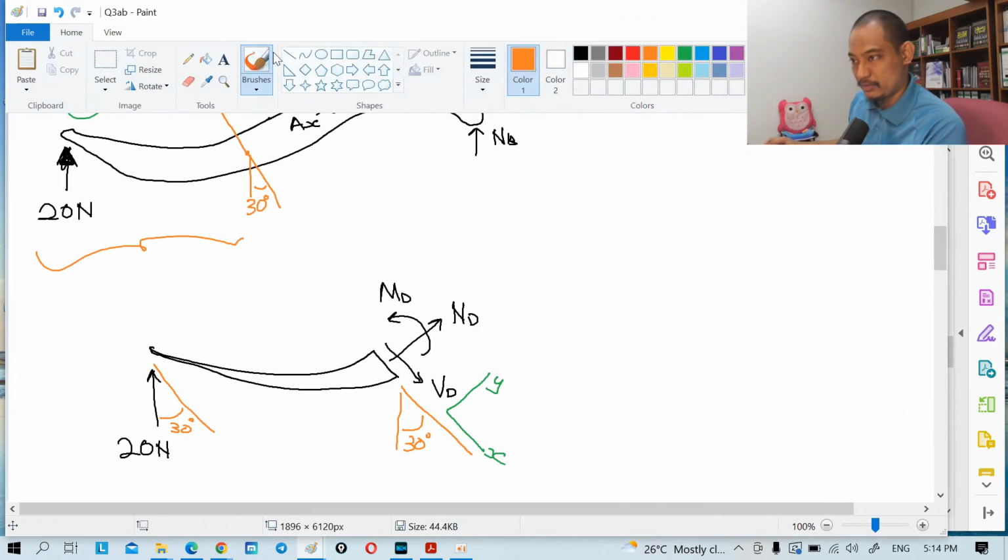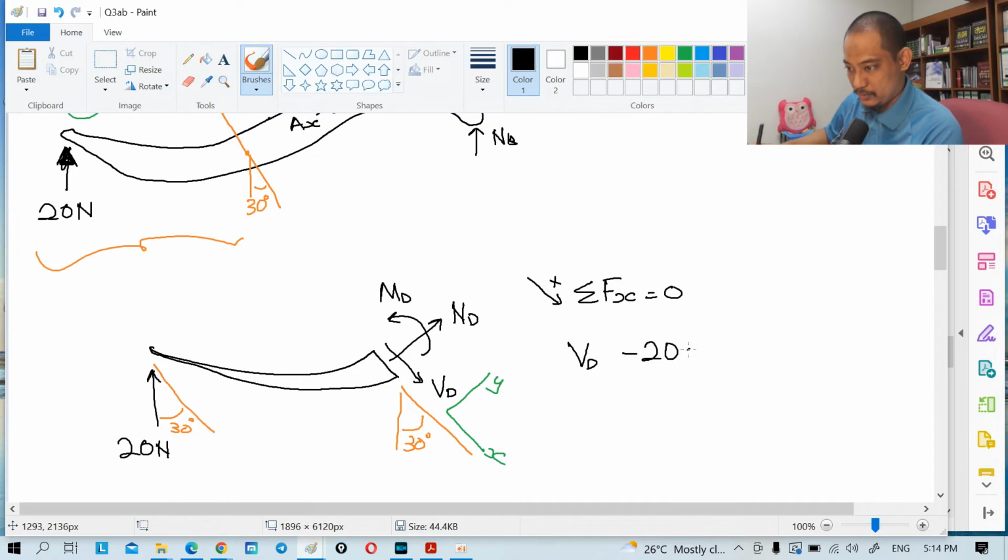If we do this, and I calculate on this side based on this free body diagram, straight away, summation of Fx equal to 0, taking this direction as positive along VD. So we have VD positive, and then 20 is negative because it's on that side. So minus 20 cos 30 degrees equal to 0.